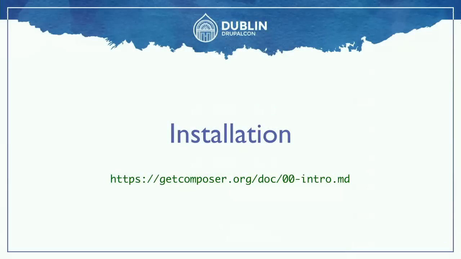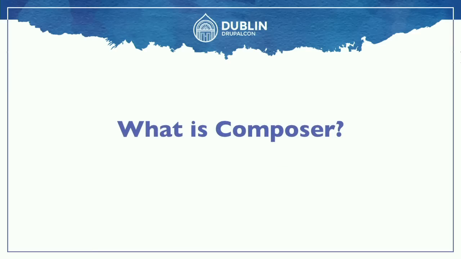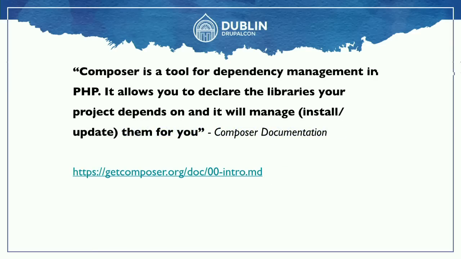So first you need to install Composer. We're not going to really run through that now, but here's a link to the documentation that will help you run through installation of Composer. So what is Composer? Composer is a tool for dependency management in PHP. It allows you to declare the libraries your project depends on and will manage, which is install and update, them for you. This is from the Composer documentation.